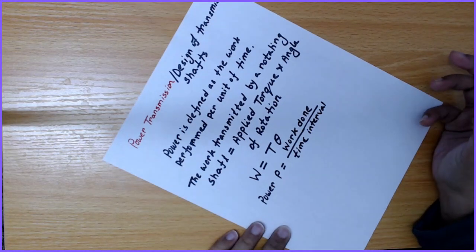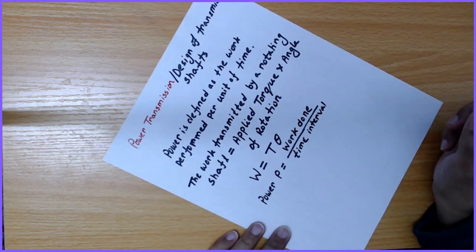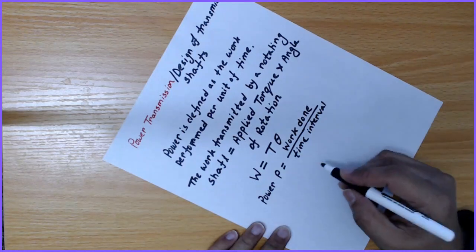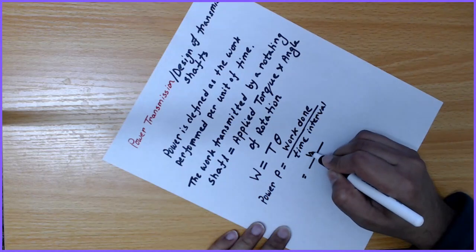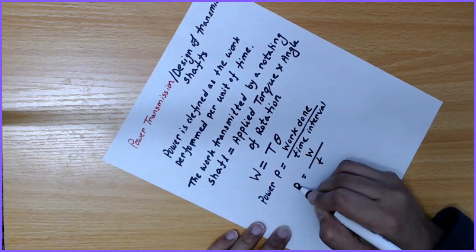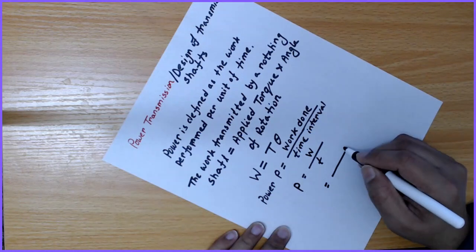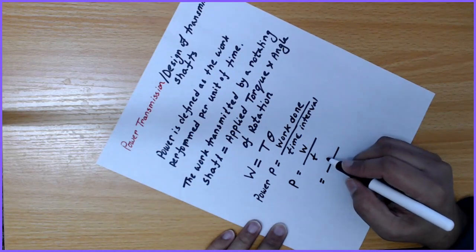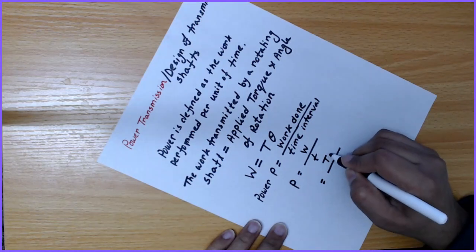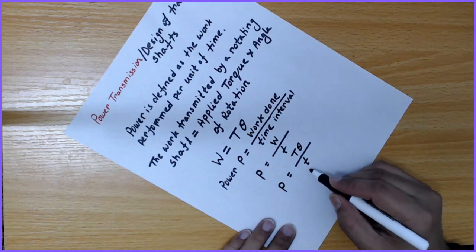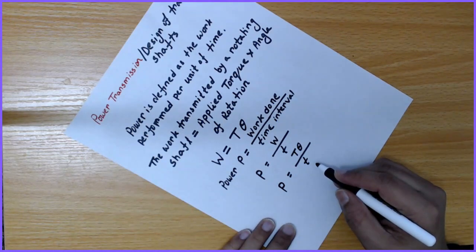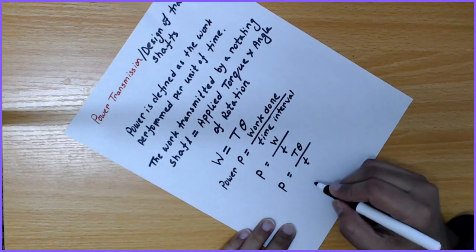So the power is the amount of work that is carried out during a certain time. So we can say P is W by t, and if we plug in W equal to T theta, P is equal to T theta divided by small t.